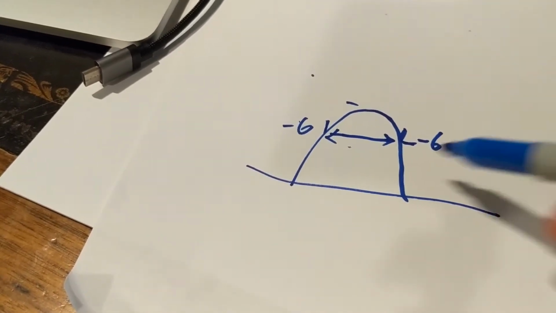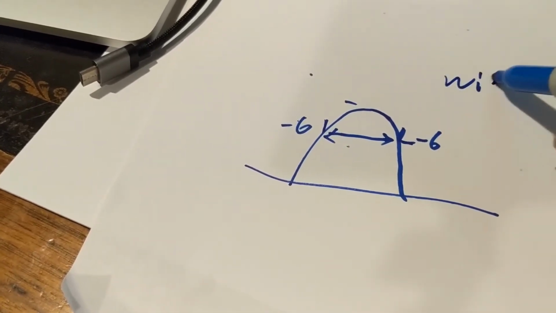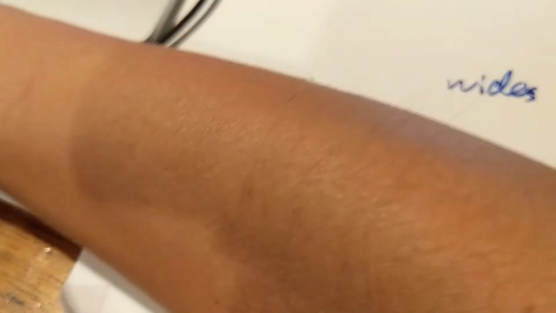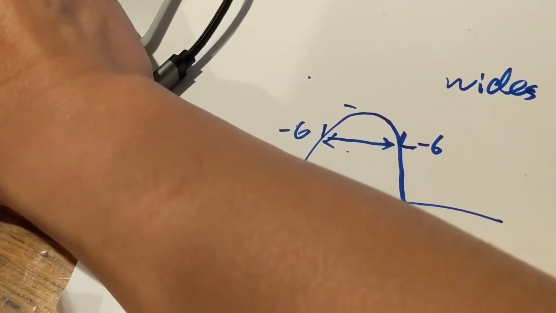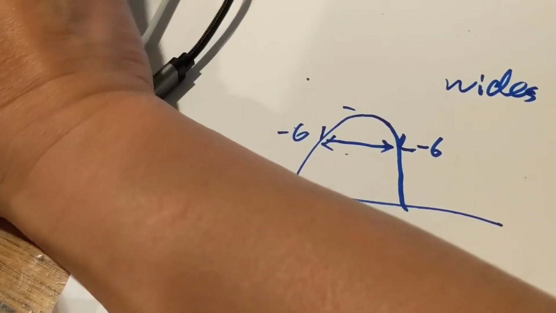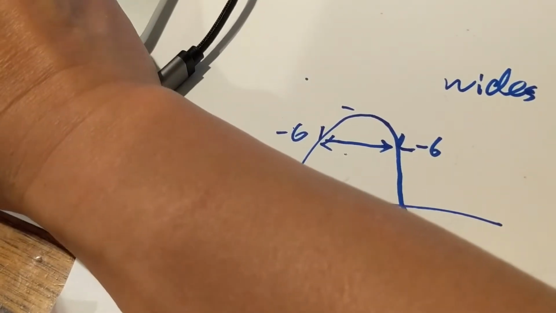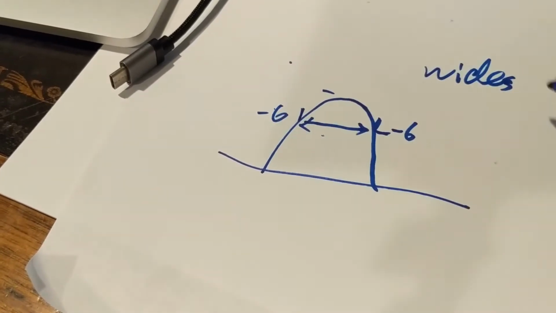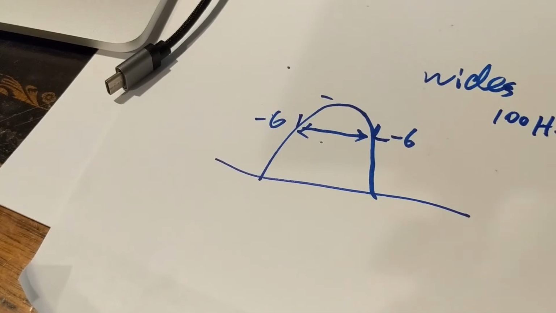in Icom radios, there are three levels. Wide means this is from... let me read it from the data specs. Okay, wide means 100 hertz to 2.9 kilohertz.